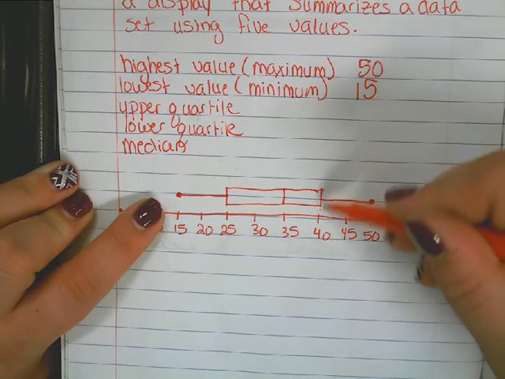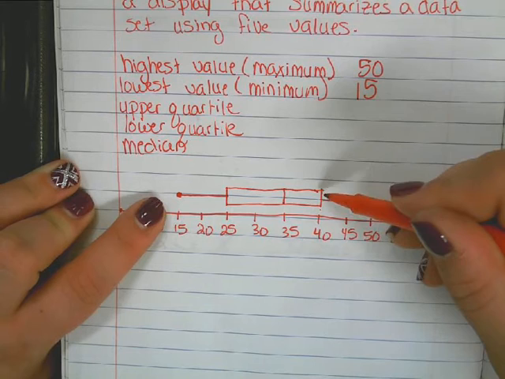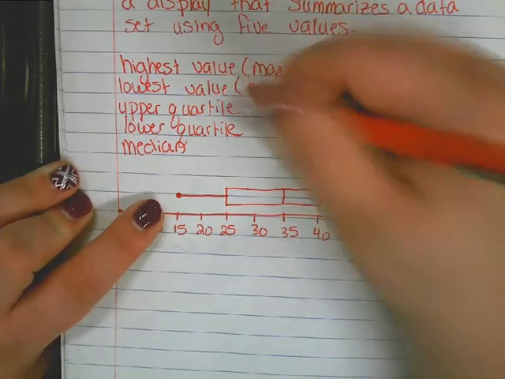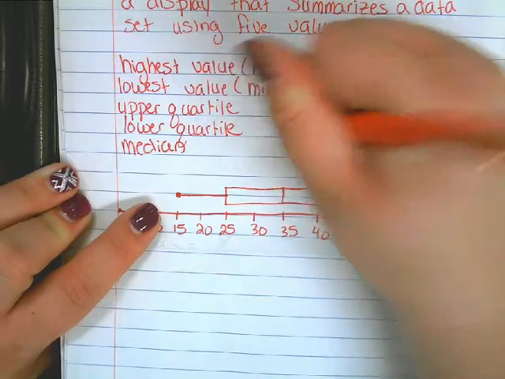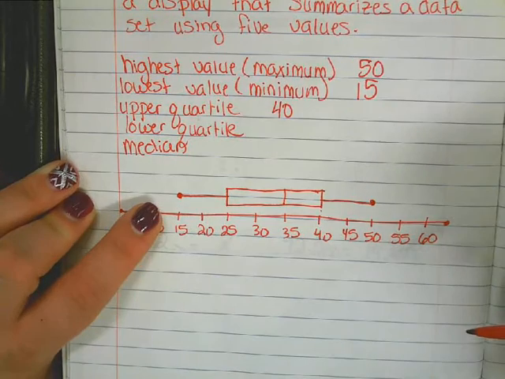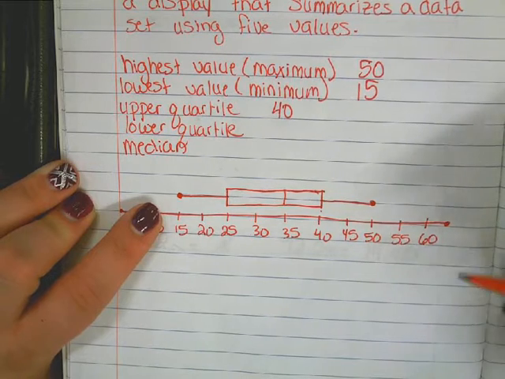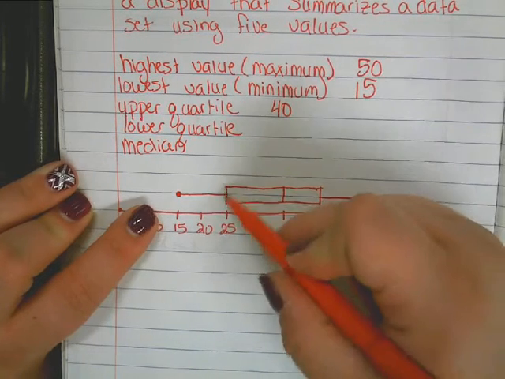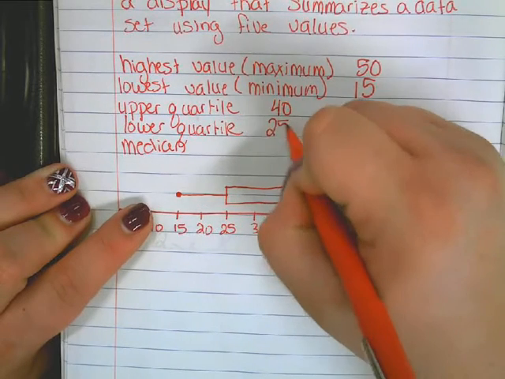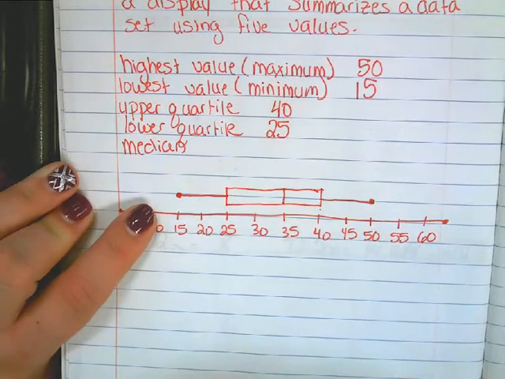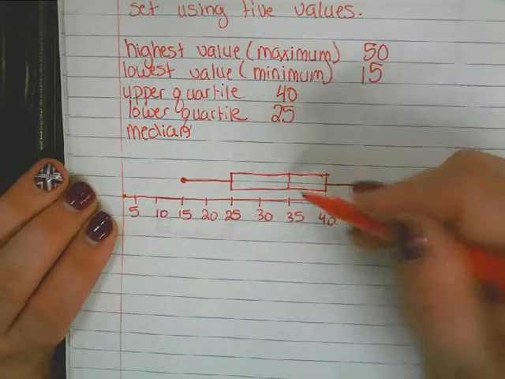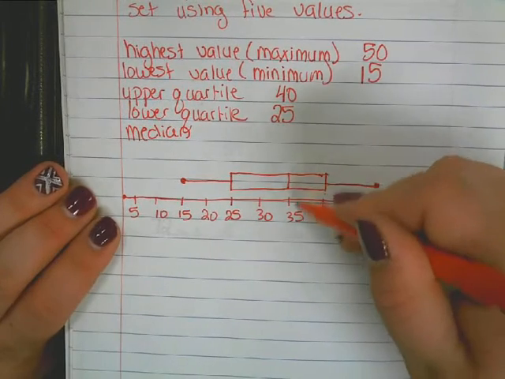Wherever this line is at the end of the box, that is my upper quartile, so in this case it would be 40. Same thing with my lower quartile, but now it's the lower one, so 25. My median is always the middle line in the middle of the box, which was 35.